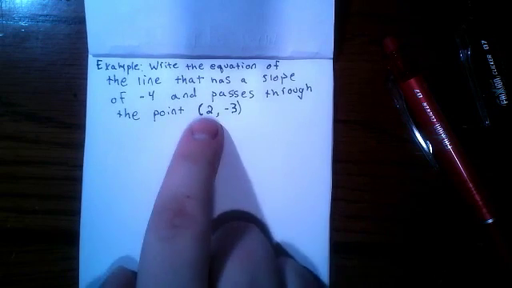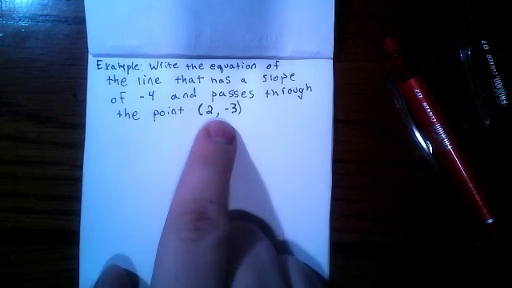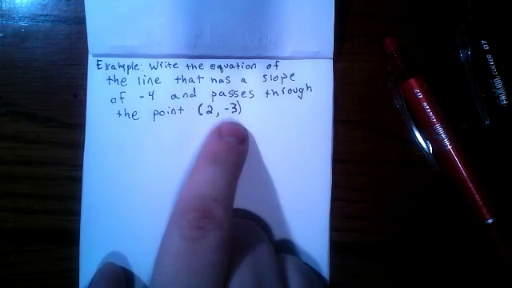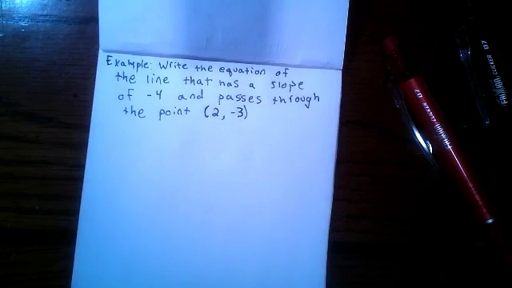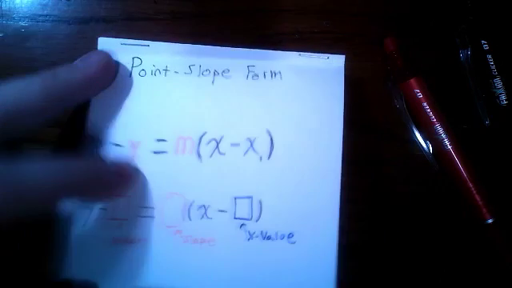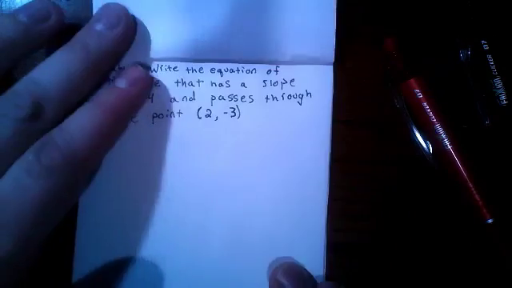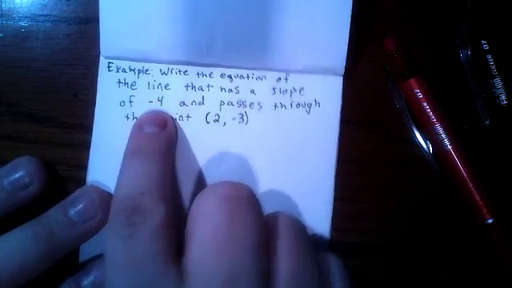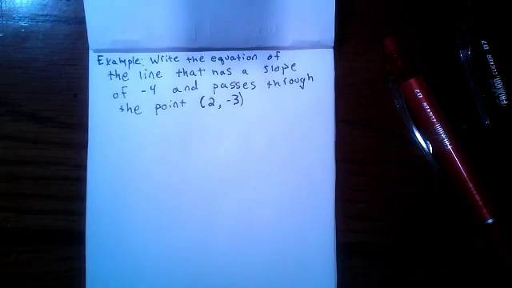And unfortunately, (2, -3), that's not a y-intercept. It was (0, -3), maybe, right? But not (2, -3). So I'm going to have to use my point-slope form, which makes sense because I'm given a point and a slope. Right? Mathematicians aren't that creative.